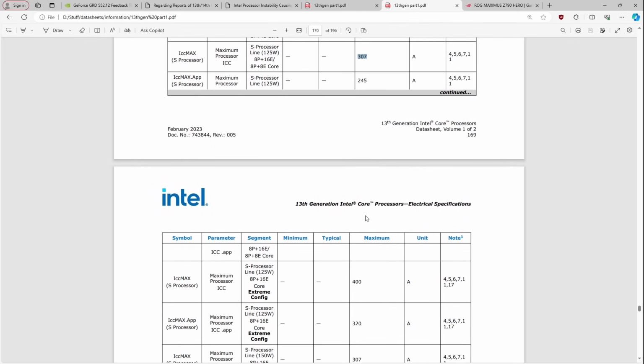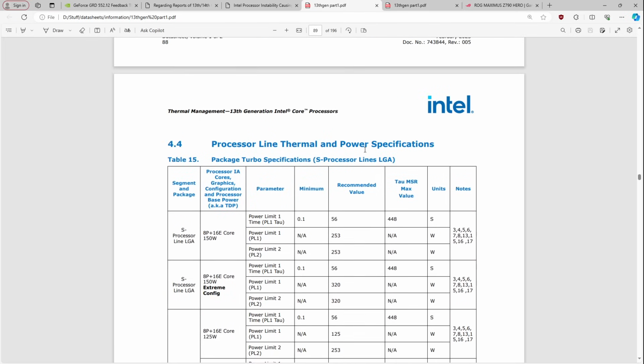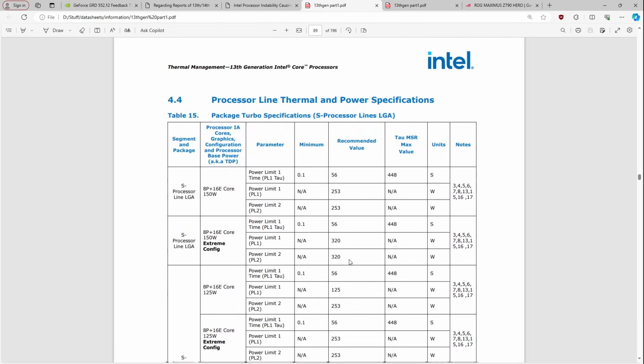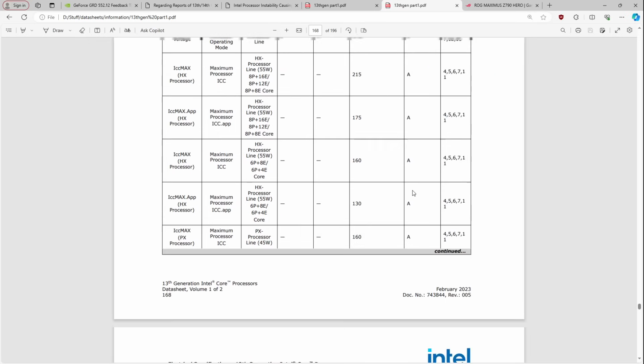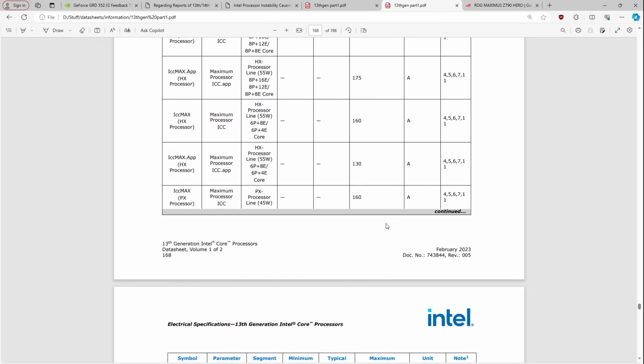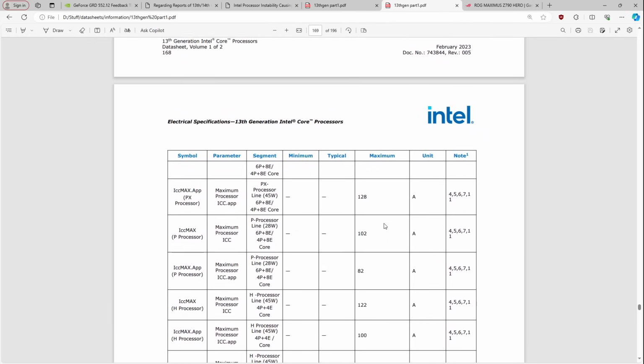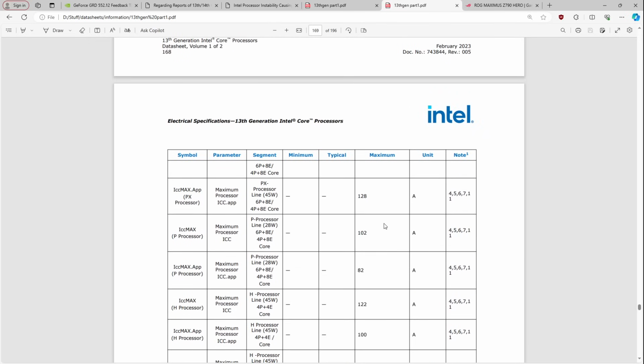Intel doesn't care about the power limits being set to whatever they recommend, so do they also not care about the current limits? Probably, because if they did care, they're Intel. If you are an Intel motherboard manufacturer and Intel tells you to do something and you don't do it, I imagine you'd get into pretty serious trouble.